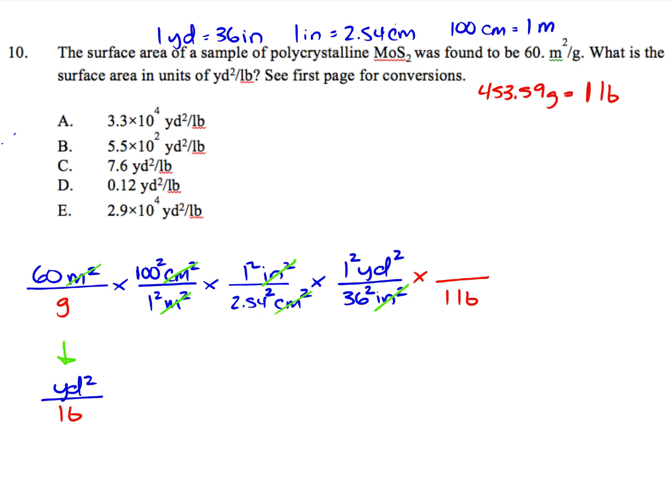We want to get rid of grams. Since right now it's on the bottom, we want to put that on the top. Now we can cancel out grams, and the units that we're left with are yards squared on the top, pounds on the bottom.